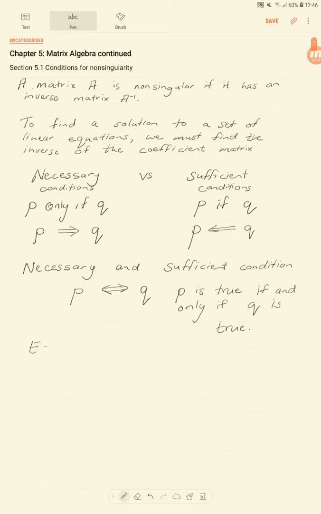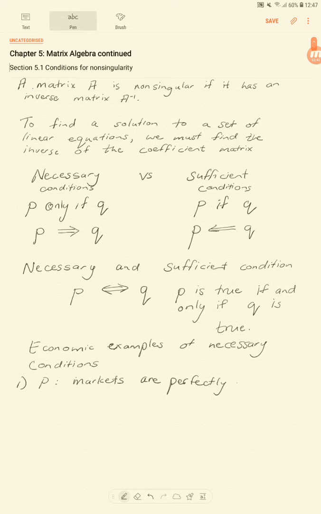Some economic examples of necessary conditions. One, the statement P is markets are perfectly competitive, and statement Q is there is perfect information.